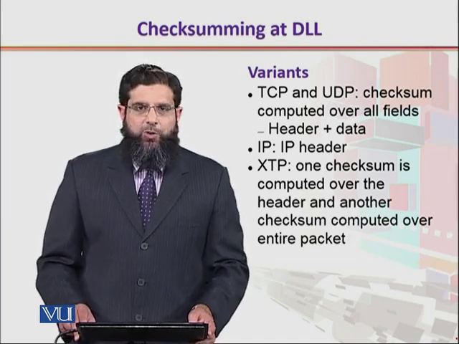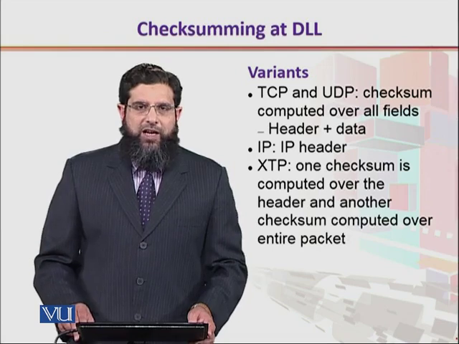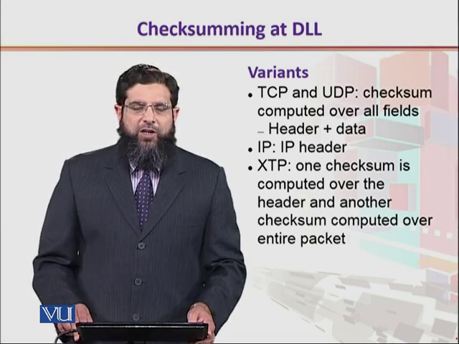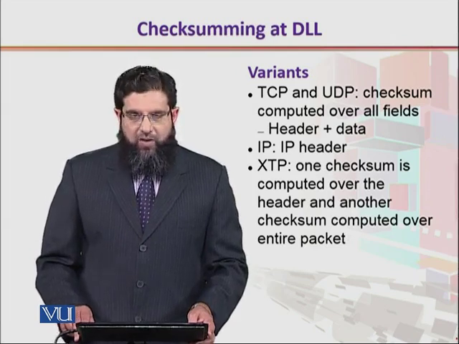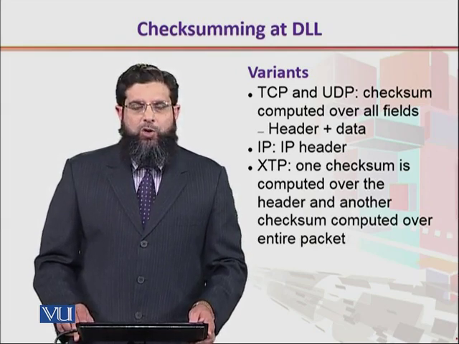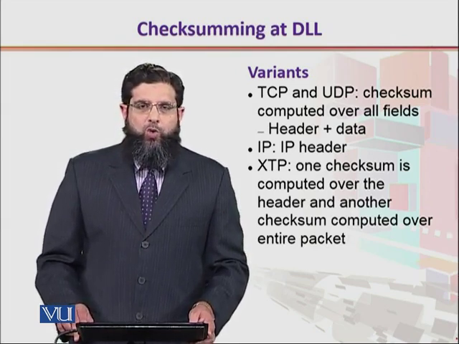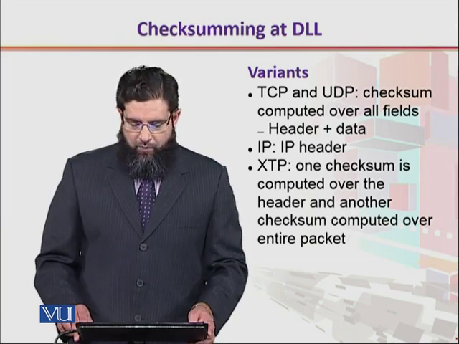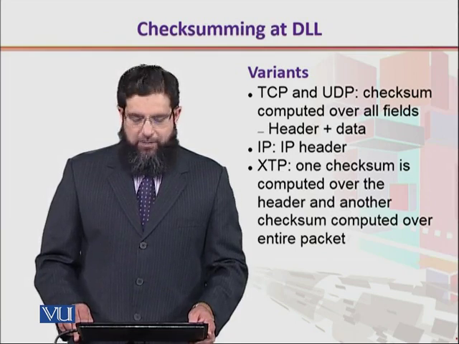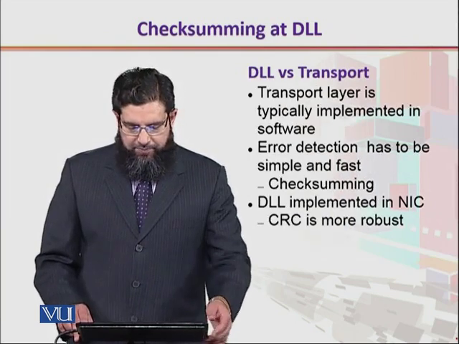And there is a reason for that, because a router that receives an IP datagram is only interested in processing the IP header. It is not interested in checking what data is being sent within that IP datagram. Protocols such as XTP use two levels of checksum. The first is computed over the header and the second is computed over the entire packet.